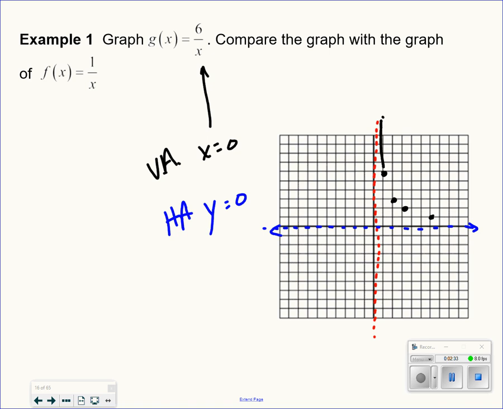And so this would be the y equals 6 over x. And I'm going to do the same thing on the other side. So like negative 1, negative 6, negative 2, negative 3, 3, negative 2, 6, negative 1.